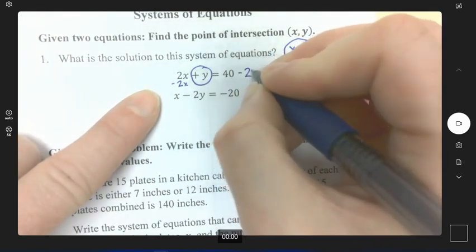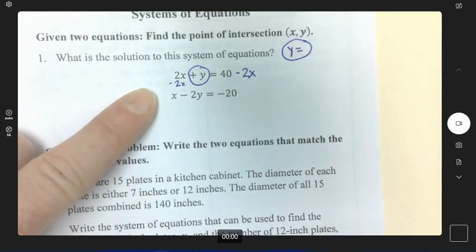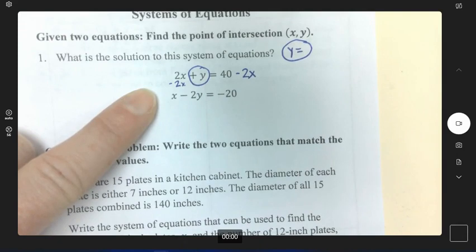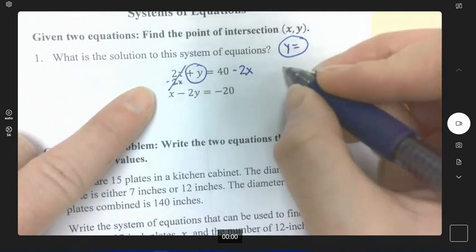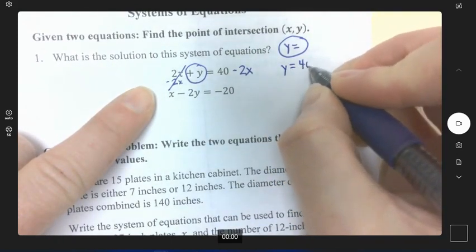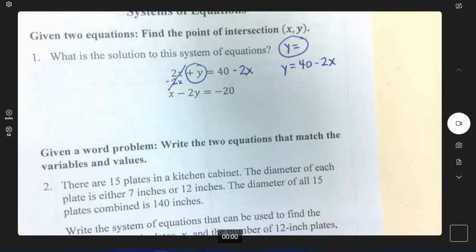So I'm going to write it here on the other side. We can cancel those out. So now we have the equation y equals 40 minus 2x. We're going to leave it just like that, which we can't really simplify anyway. The only thing that I taught y'all to do back in the fall was put it in mx plus b, but we're not even going to do that. We're going to leave it just like we see it.